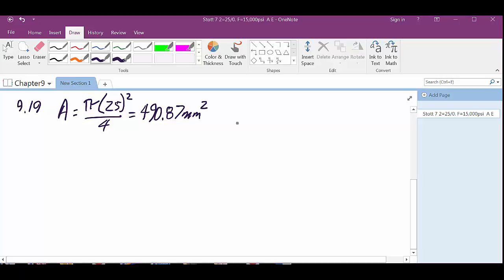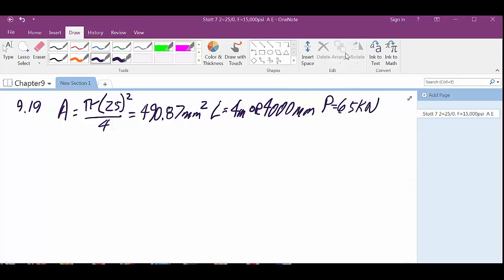Okay, what else do we know? We know its length is 4 meters, or 4,000 millimeters, right? Or you could say 4 times 10 to the third. We know that the P-value, the force, is 65 kilonewtons.